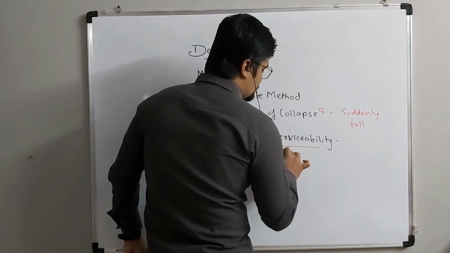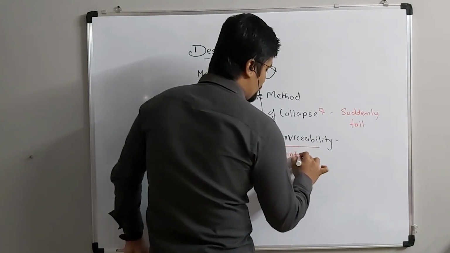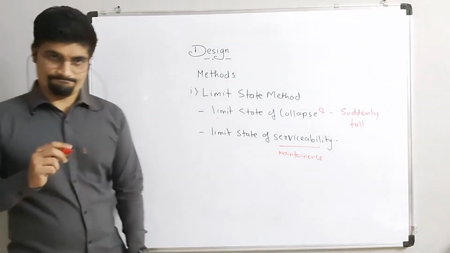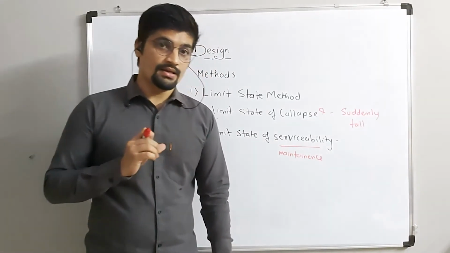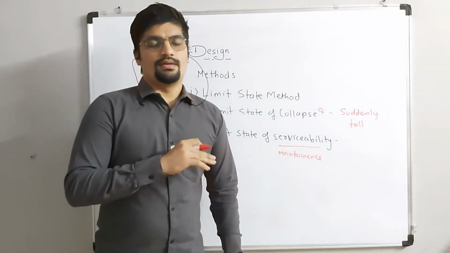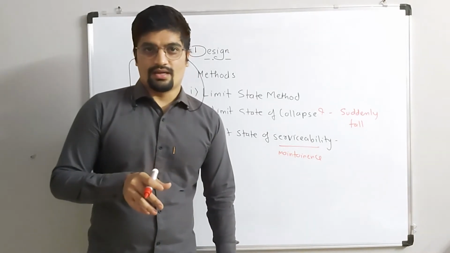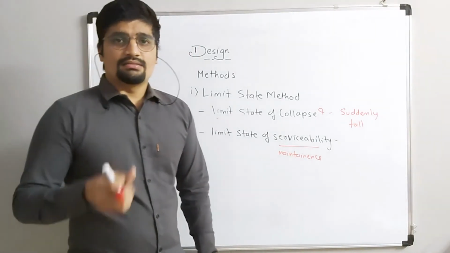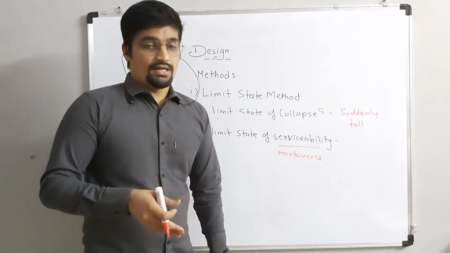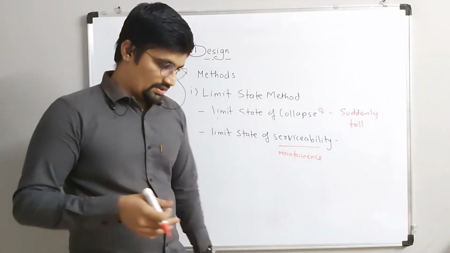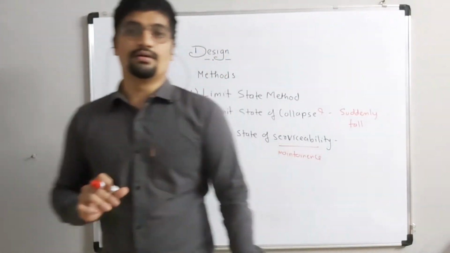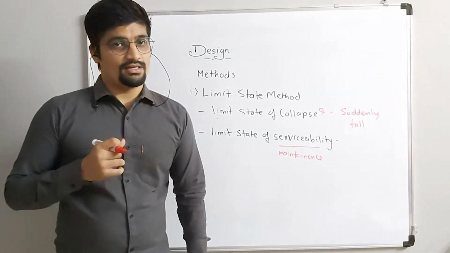As an example, if I have purchased one bike, it doesn't mean that throughout its life period there will be no maintenance in the bike. There will be maintenance in between also, like if the brake is not working, or there is some defect in the machine or in the accelerator. All these things are known as maintenance.